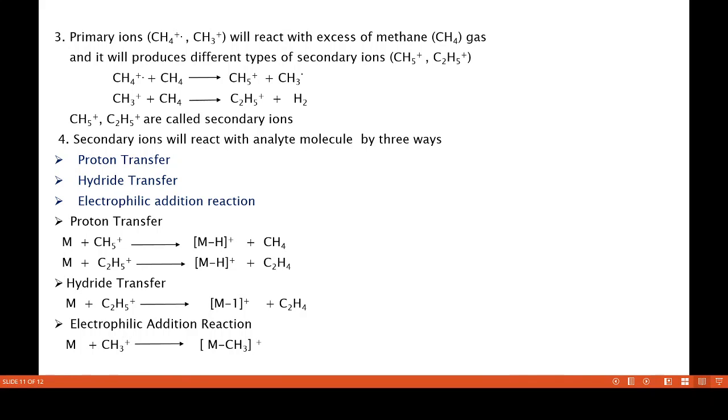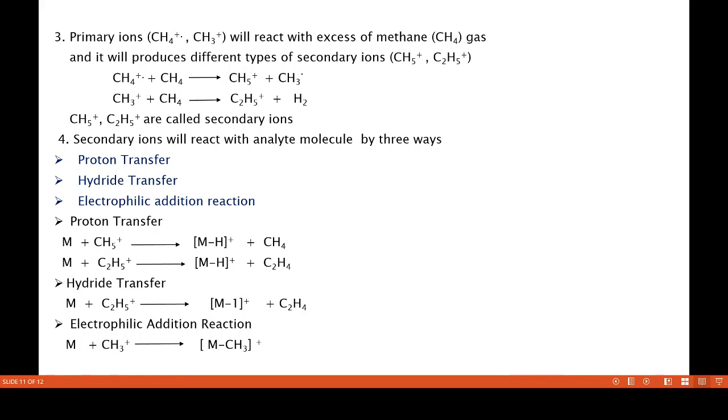The last is the electrophilic addition reaction. In that, the analyte compound reacts with the primary ion. This primary ion has a molecular weight of 15, 12 plus 3, that is 15. So we get the ion peak at 40.